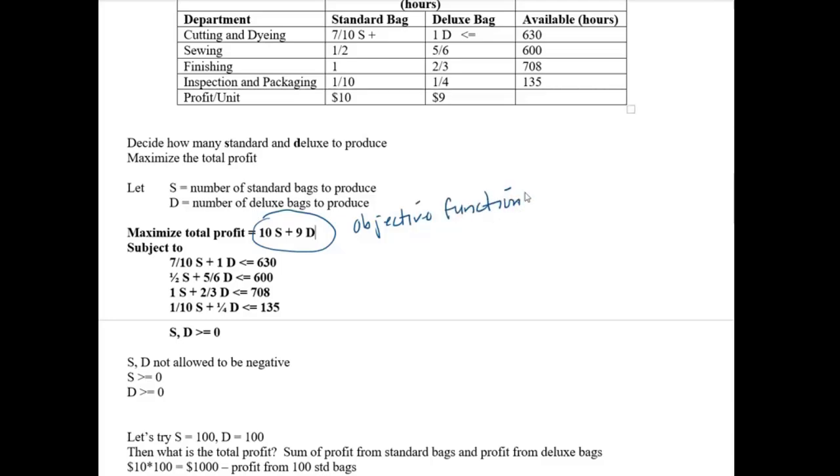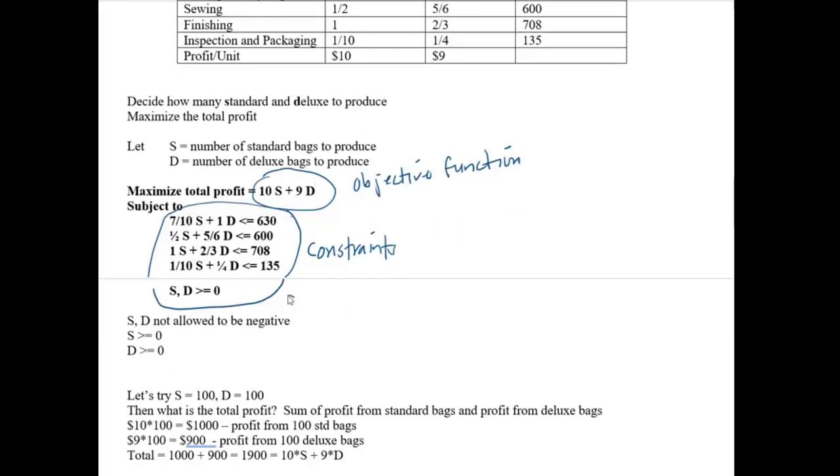Whatever you're trying to maximize or minimize, that's our objective function. And all this stuff, what do you call these again? They're constraints.